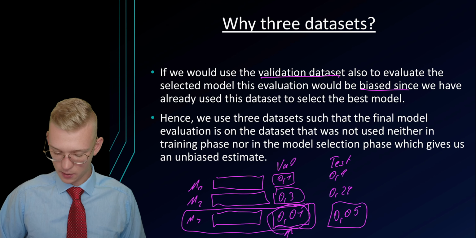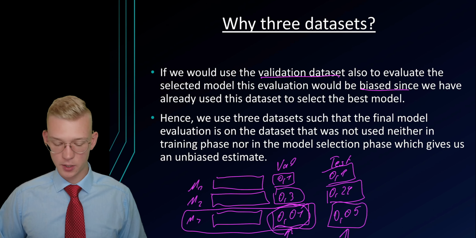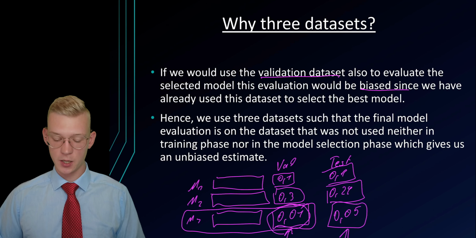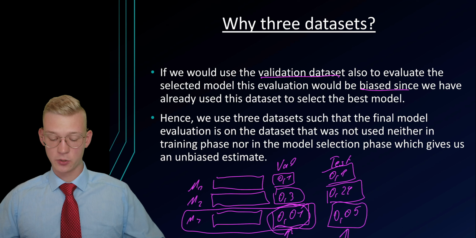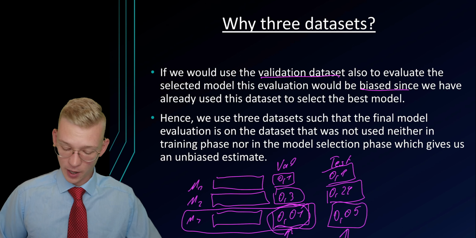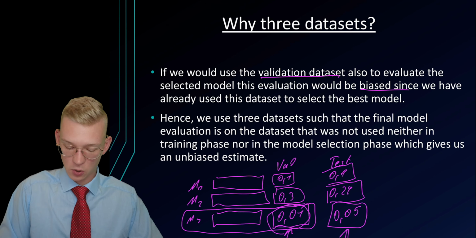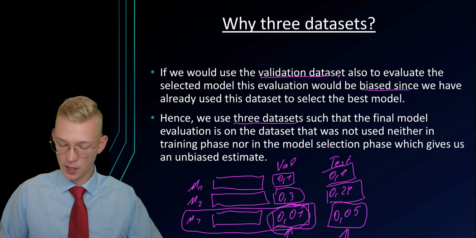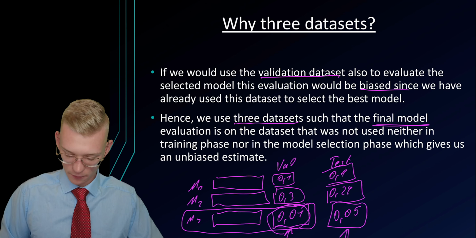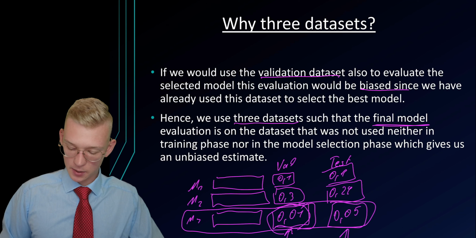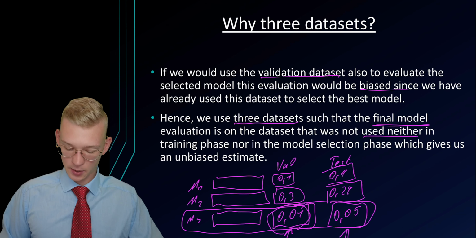So this is now the true accurate expected loss of our data if our test set is large enough. So we need 3 data sets so that the final model evaluation of this model is not used in selecting our model.